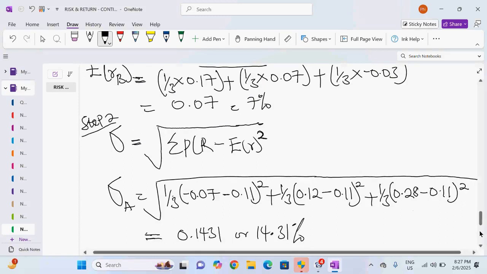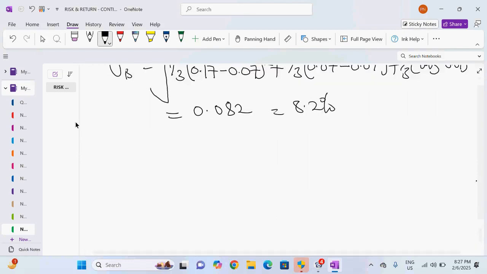Step 2. So step 3 is to compute the correlation coefficient. So what is the formula for the correlation coefficient?